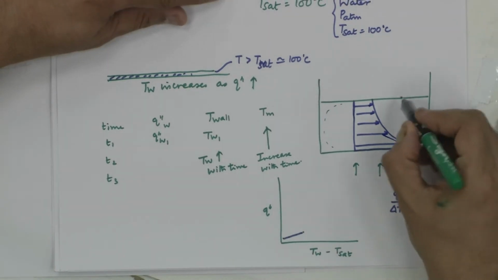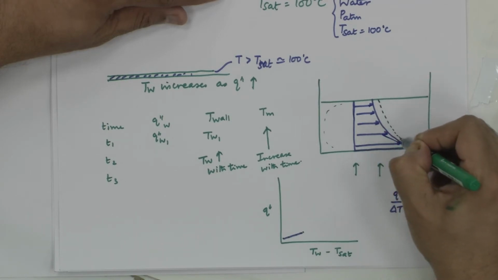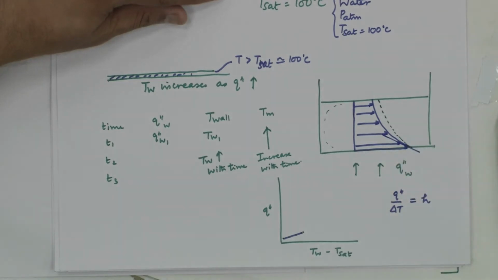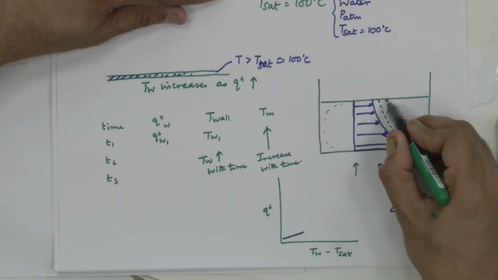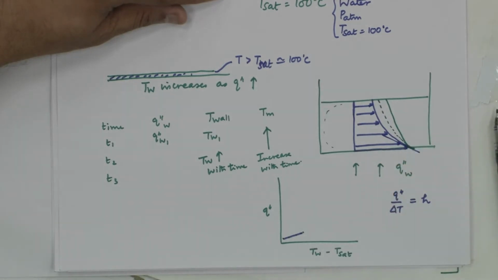At a slightly higher time, next time I would have a slope which is probably slightly higher, the green dashed line. At some other time I might have a slope which is slightly larger, the green thick line.